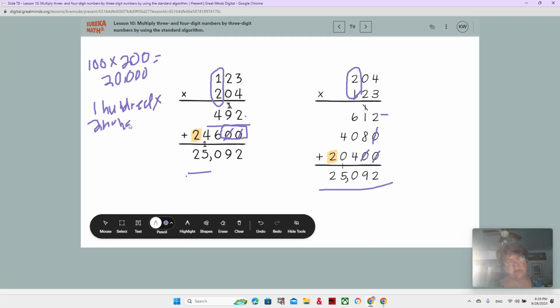Sometimes in math, we have our own personal creative solutions, right? So think about that. Is it easier for you to think about 100 times 200s or 100 times 200 like that, right? So unit form or standard form. Okay, very good.